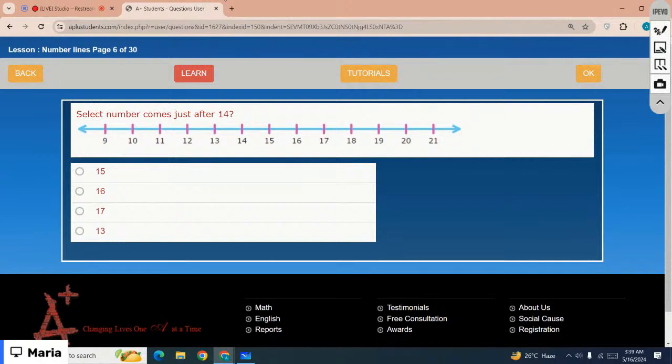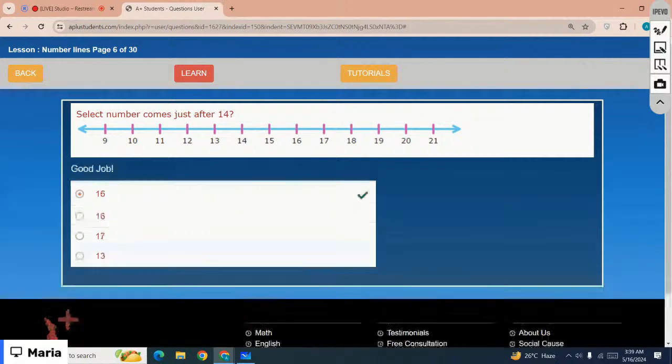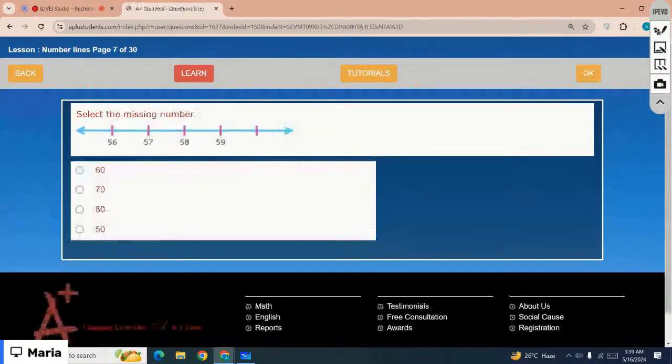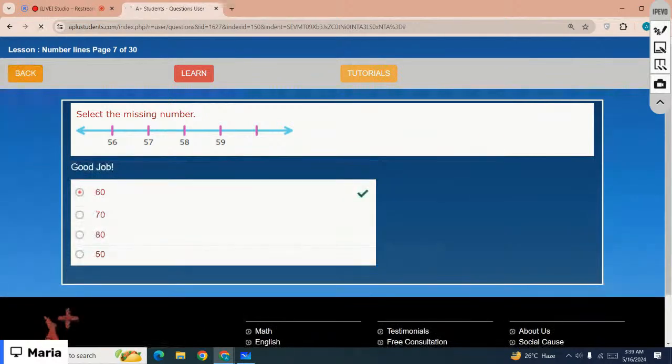The correct option is 15. Select the missing number. So the missing number is... the correct option is 60. Okay, you can complete the lesson by yourself later today.